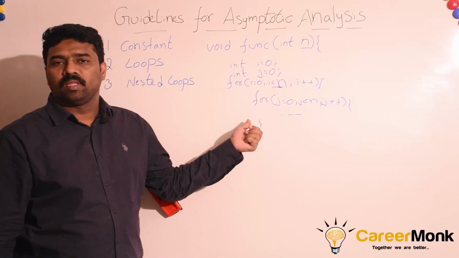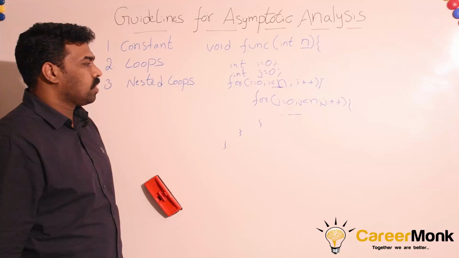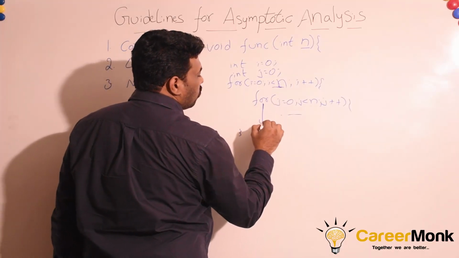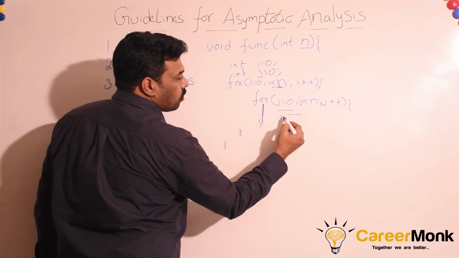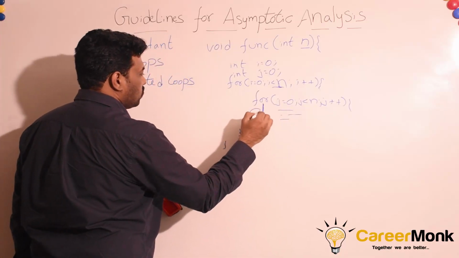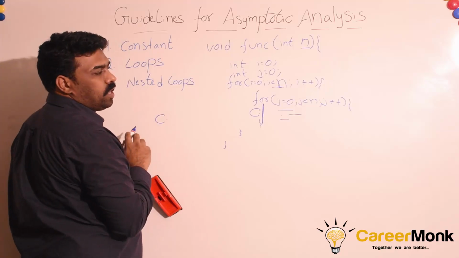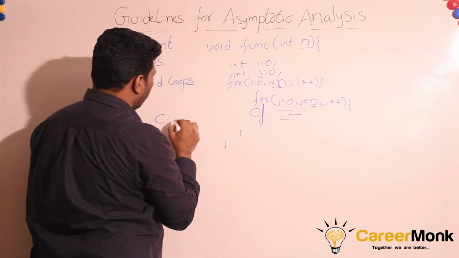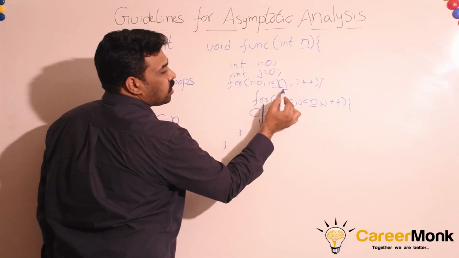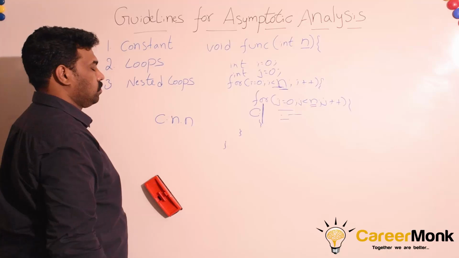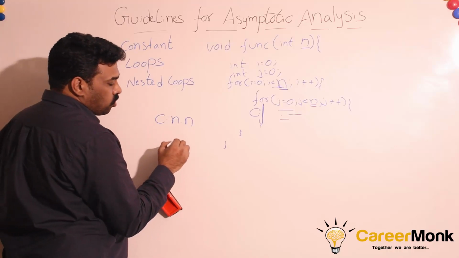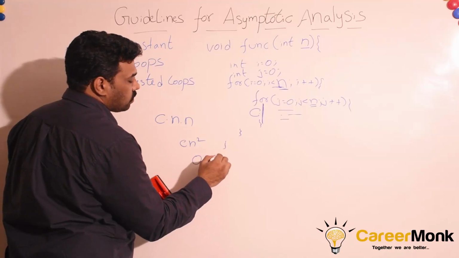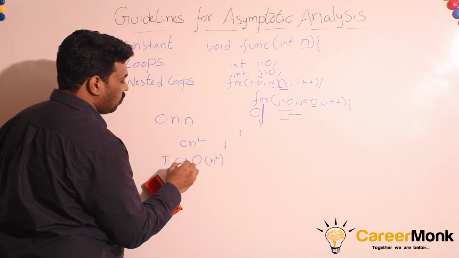If we have a nested loop in the given algorithm or code, the complexity of the algorithm can be calculated as the complexity of the statements within the loop, let us say that is constant, multiplied by the size of each for loop. Size of this one is n, size of this one is n. So the overall time complexity is Cn squared, which we can represent as order of n squared. So the time complexity of this code is order of n squared.